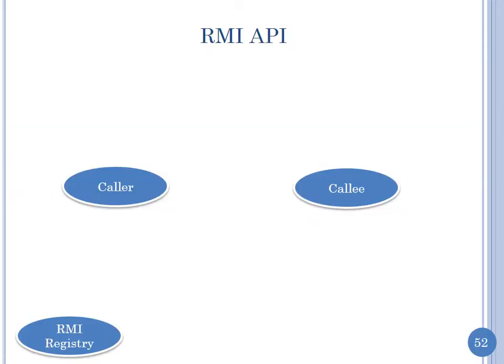Okay, so let us review aspects of RMI we saw last time. We saw that we have the notion of a caller process and a callee process, and callers call methods in callee processes, and they get in touch with each other through a name server, and the name server is called RMI registry in RMI. So that's the process RMI registry, and it also has registry objects in it.